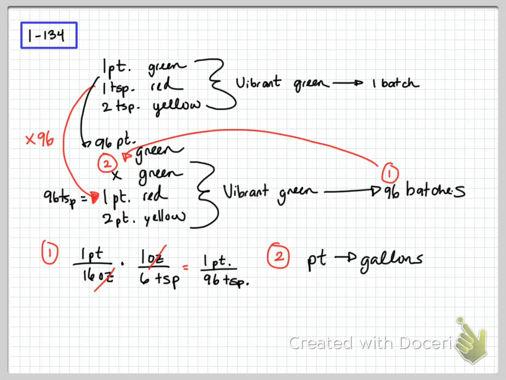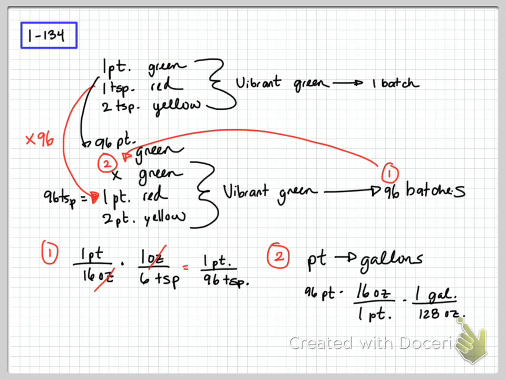So we need to take our 96 pints, and we're going to use unit conversion, 16 ounces in 1 pint. And again, we're going to multiply that by 1 gallon in 128 ounces.